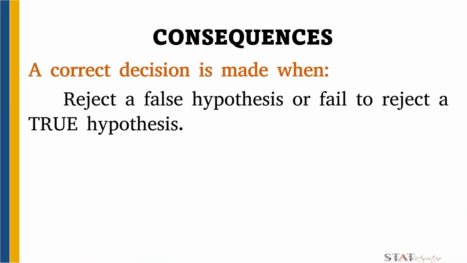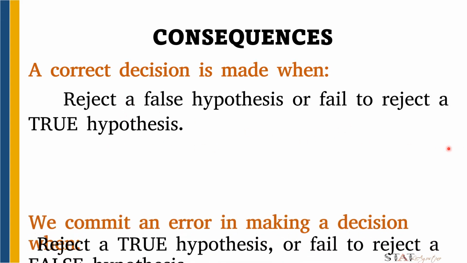In consequence, a correct decision is made when we reject a false hypothesis. Since it is false, we have to reject it, then you made a correct decision. Or when we fail to reject a true hypothesis, or you accept the true hypothesis, then you made a correct decision.